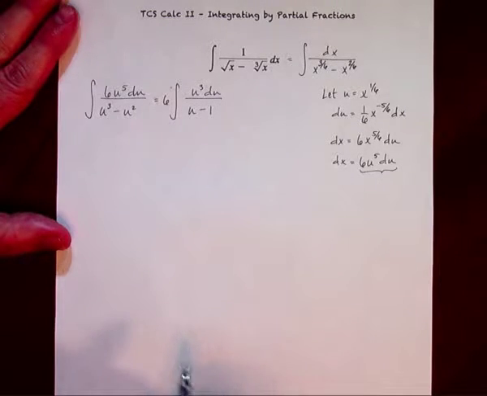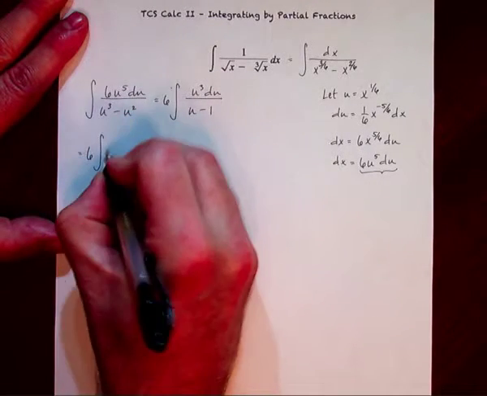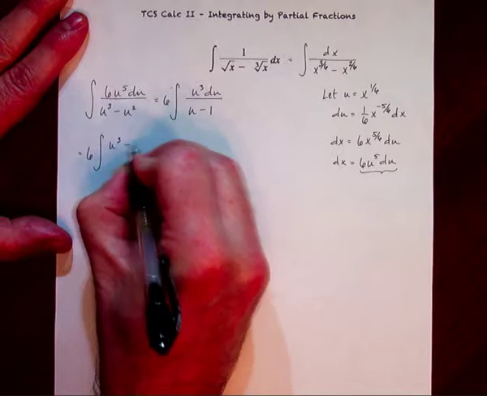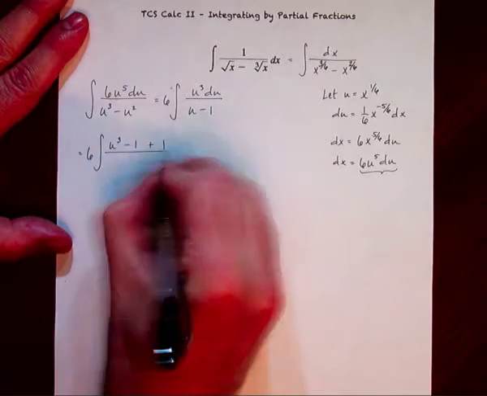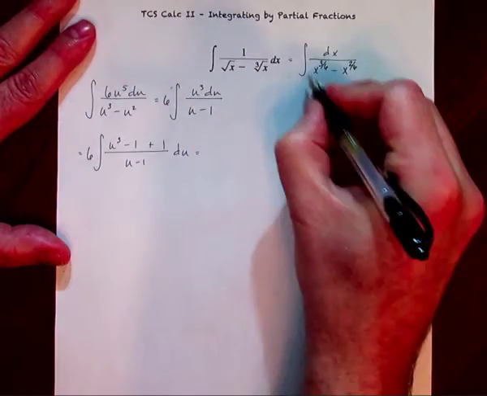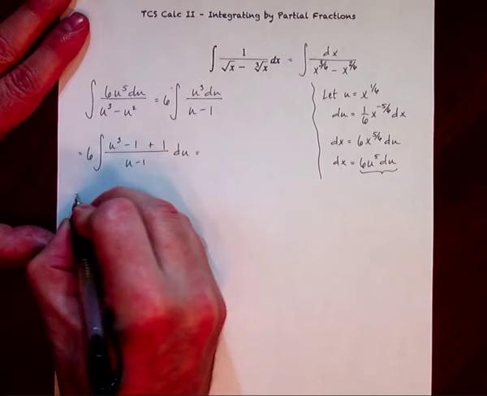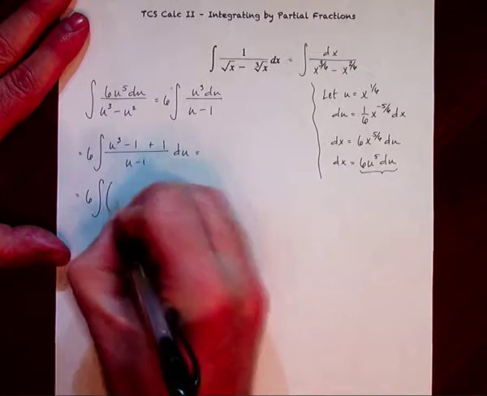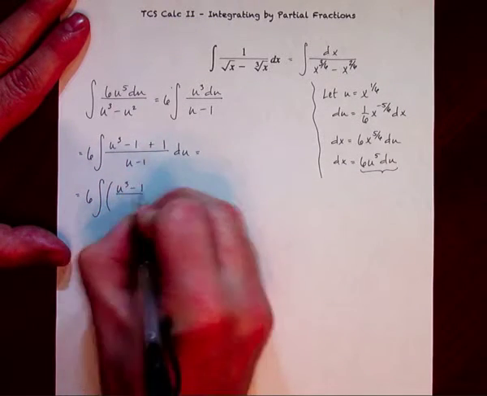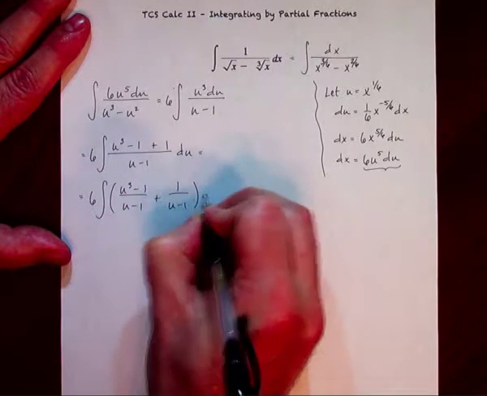And you know, you could take u minus 1 and divide it into u cubed, or you could recognize that u cubed is the same thing as u cubed minus 1 plus 1. And since I just don't like doing polynomial long division, let's go ahead and pull this apart into u cubed minus 1 over u minus 1 plus 1 over u minus 1 du.